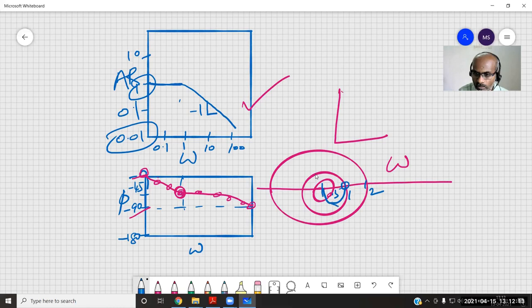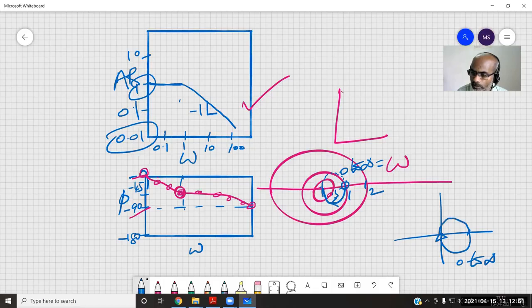Of course, you can mark the direction also. It starts with omega equal to 0 to infinity. The same way you can also plot for the reverse one, which is 0 to minus infinity, and that will be the dashed line.